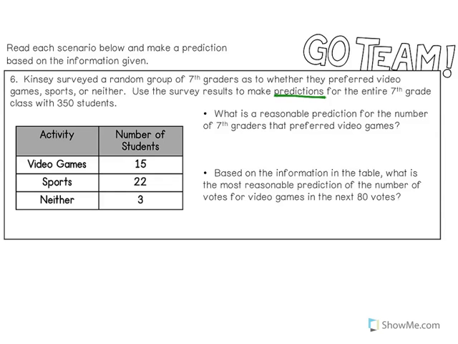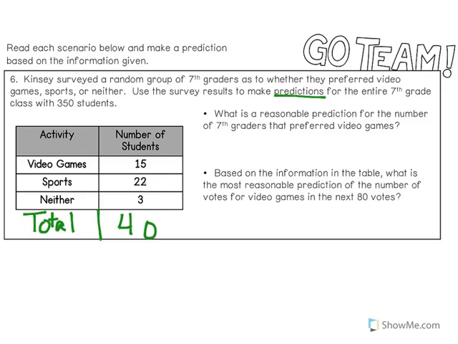It's a prediction. So when I look at my table, I know that 15 like video games, 22 like sports, and 3 are neither. What I need to do is figure out my total. So I know that there is a total of 40 students in this table.